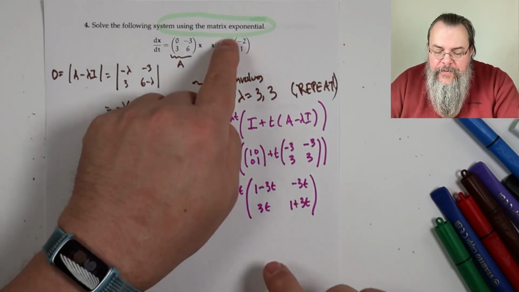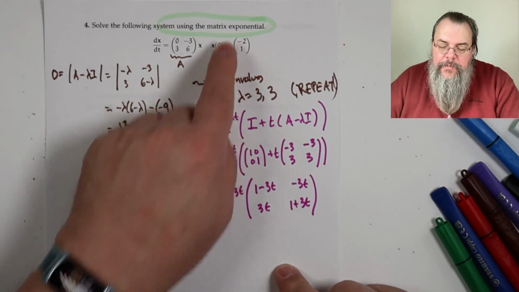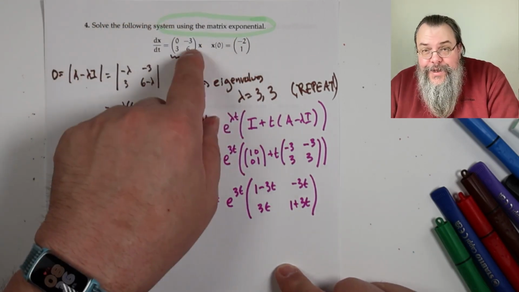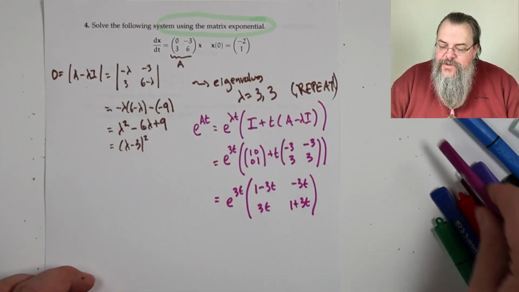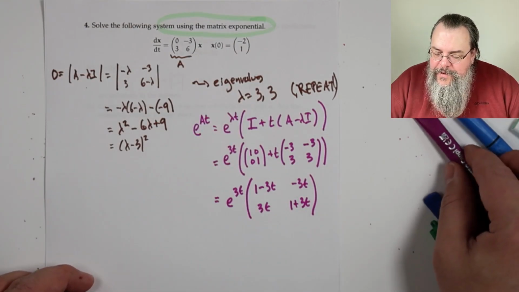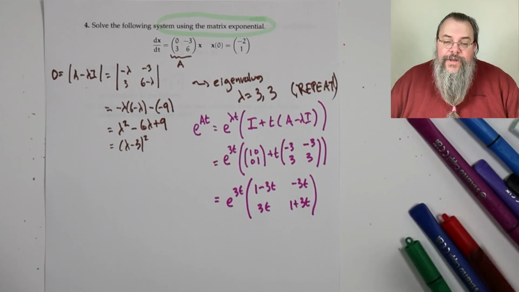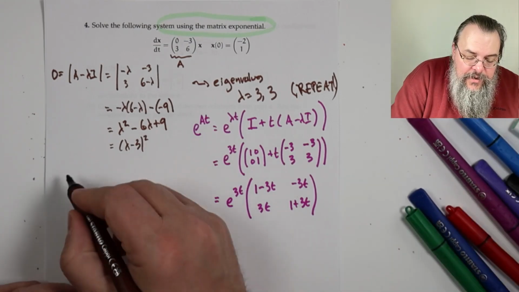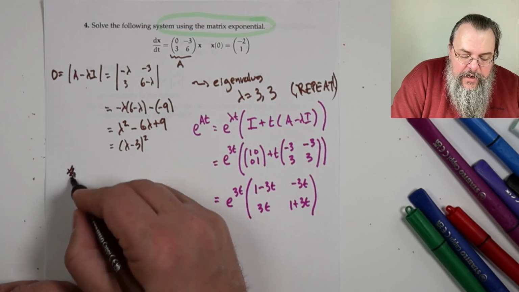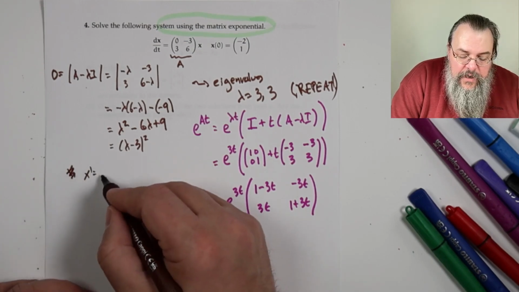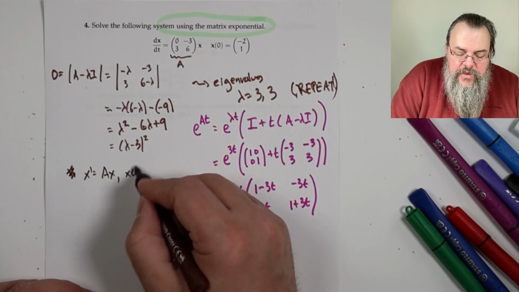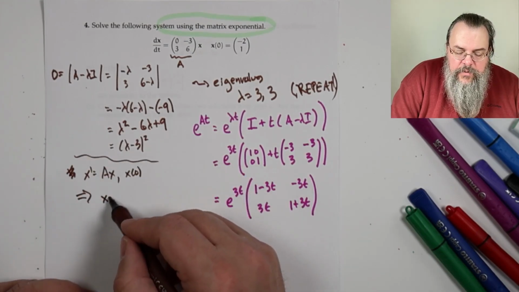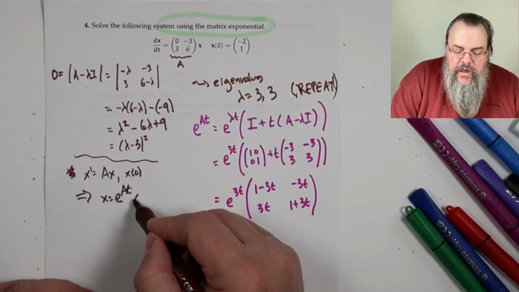Now, how do we use that to solve? So we have the matrix exponential, but the problem wasn't find the matrix exponential. The problem was solve using the matrix exponential. And so now it's our fun little thing to remember: in general, if you have x prime equals Ax and initial conditions x of 0, then the solution is x equals e to the At times x0.